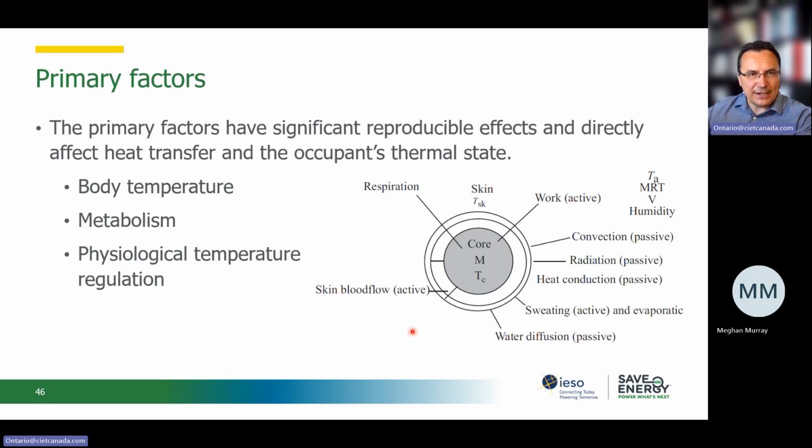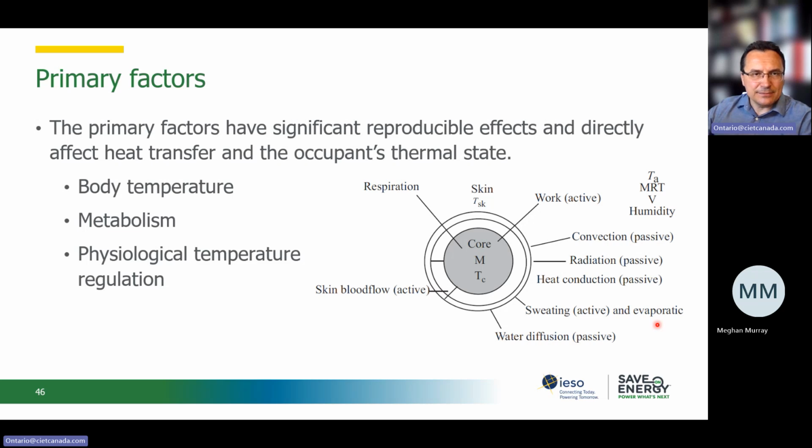we have various functions related to the level of activity, how we control our heat, our temperature, and we rely on convection, radiation, conduction, as well as the evaporative effect of our sweat to maintain the temperature of our bodies.